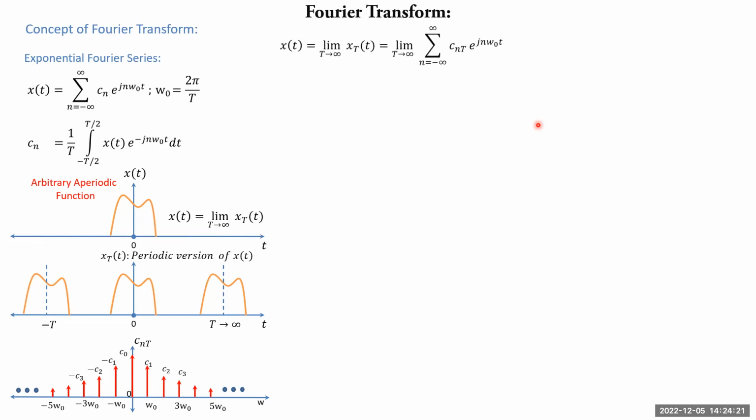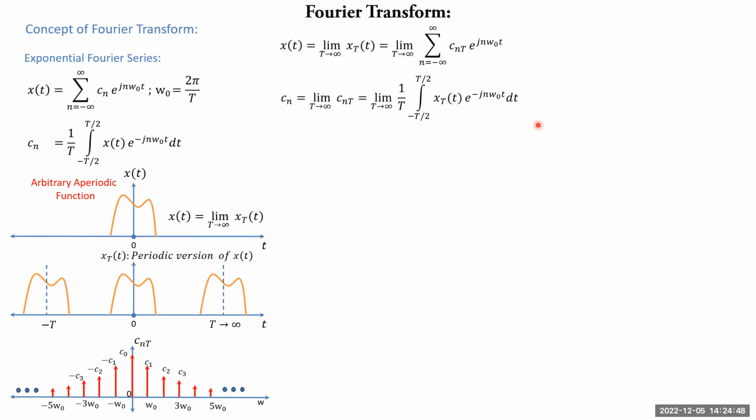Now here we are interested in the Fourier series of x of t and not the periodic version of x of t. So there we can apply the limit T tends to infinity and we get the expression for x of t equal to the Fourier series of the periodic version of x of t where the limit T tends to infinity.